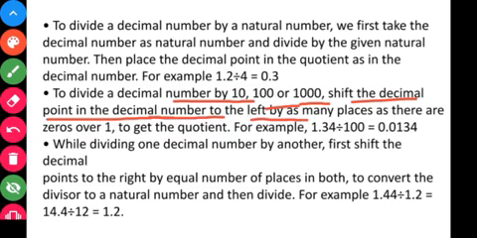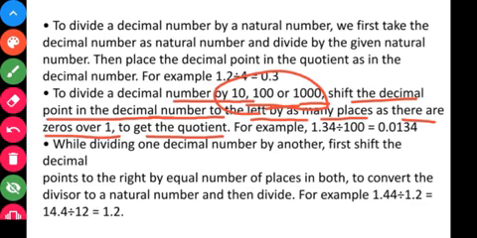Now second, to divide a decimal number by 10, 100, 1000, shift the decimal point in the decimal number to the left as many places as there are zeros over 1 to get the quotient. Okay, so in the case of multiplication, when you multiply a decimal number by 10, 100 or 1000, then we shift the decimal point to the right side. But here in the case of division, we will shift to the left side.